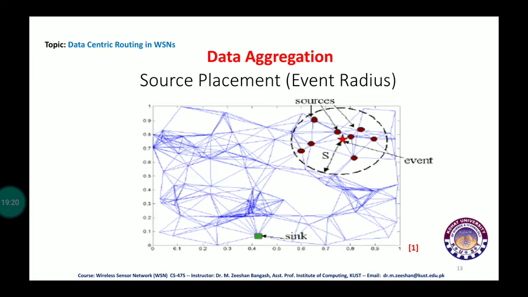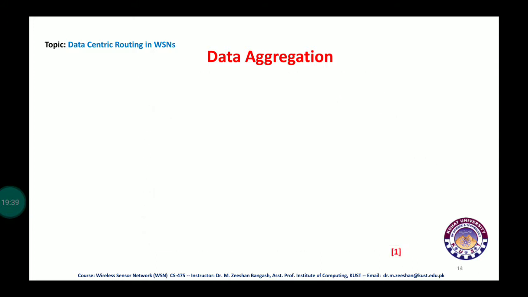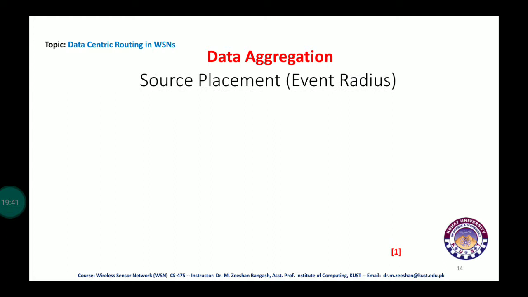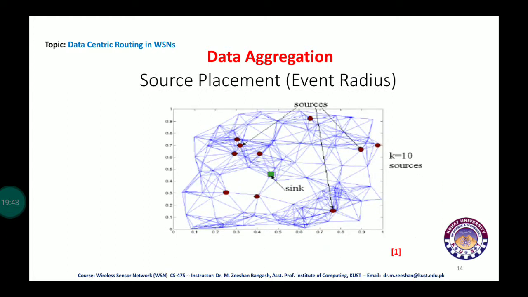You can look at some of the simulations that have been taken from the reference book, in which you can see the event radius shown by S in that simulation, which is a source placement mechanism. Similarly, the simulation for the event radius source placement.